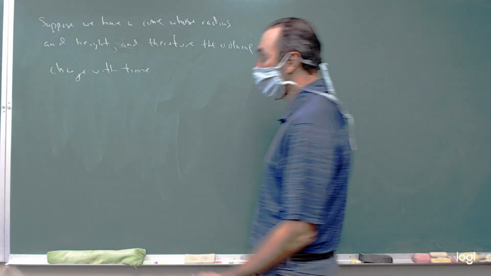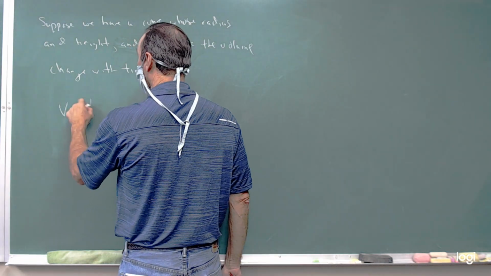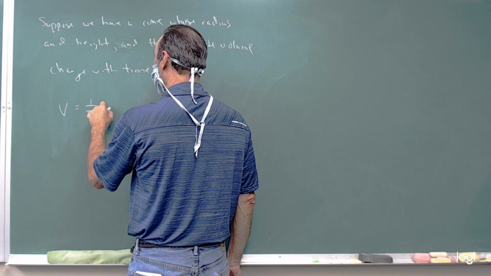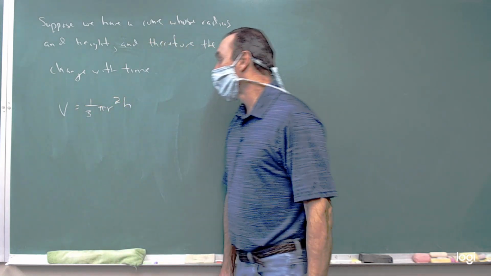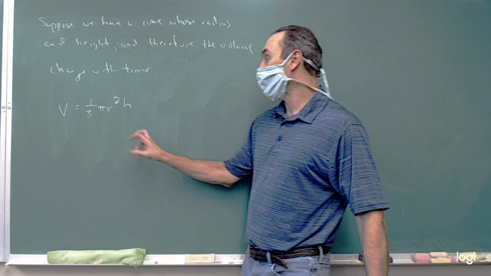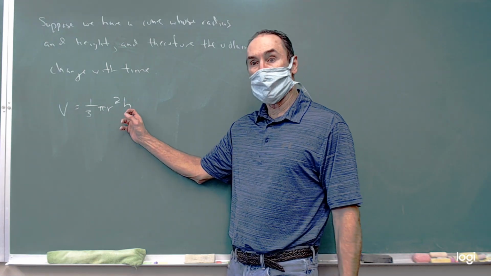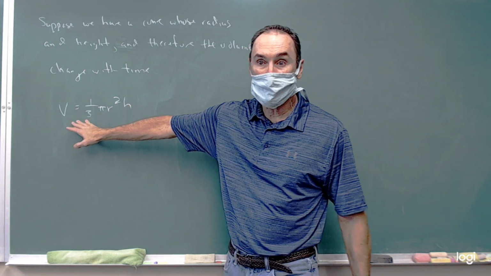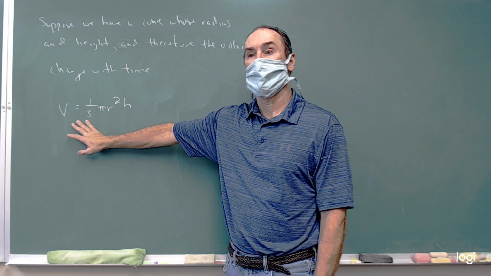The formula for the volume of a cone is 1/3 pi r squared h. So in this scenario, both the radius and the height are changing with time. Therefore, the volume is going to change with time as well.